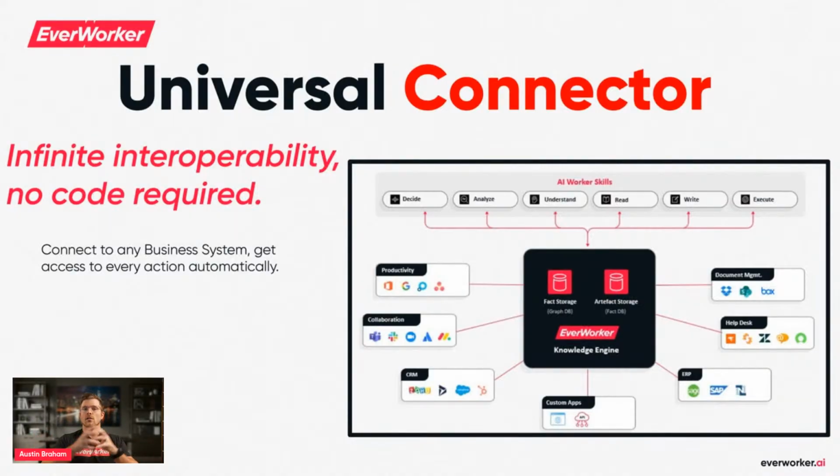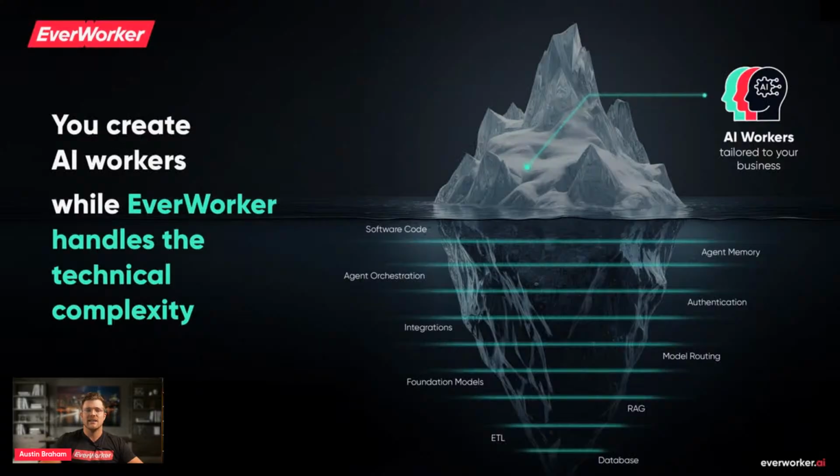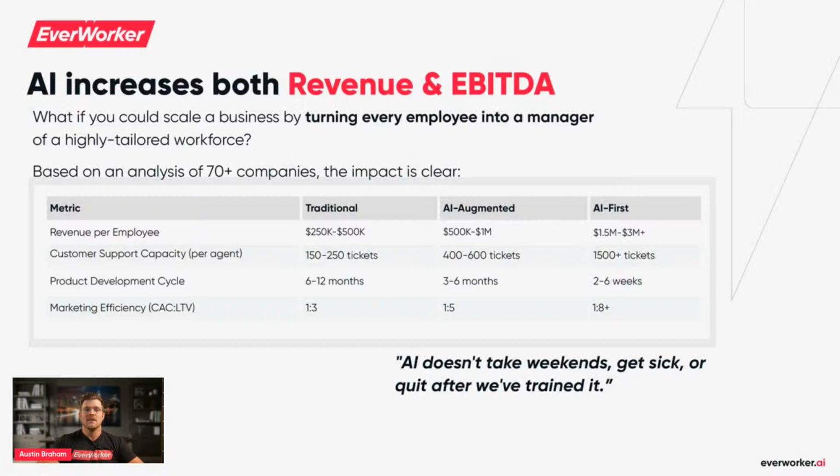All of our agents and workers can also seamlessly connect and talk to each other just within our own platform. So we take care of all of the complexity that happens under the hood, so that all you have to worry about is this beautiful AI worker that is helping you and augmenting your work. And of course, this is a huge topic for anyone in an industry that is trying to implement AI.